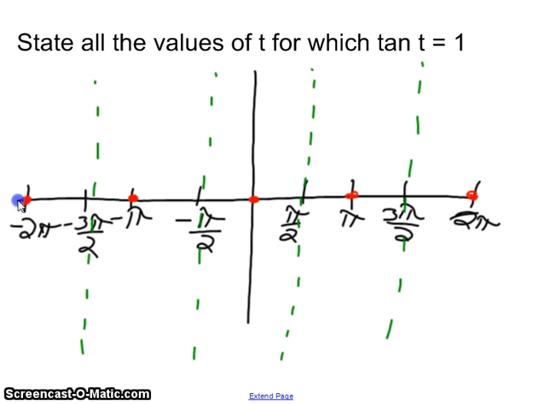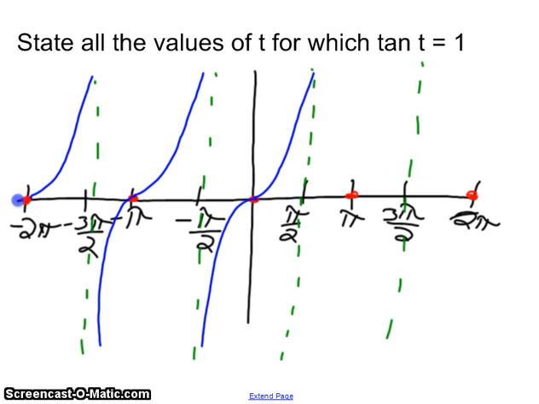Okay, so here's what tangent looks like. So now I'm going to put a 1 on my y-axis. I'm going to put red dots every place where tangent is 1.